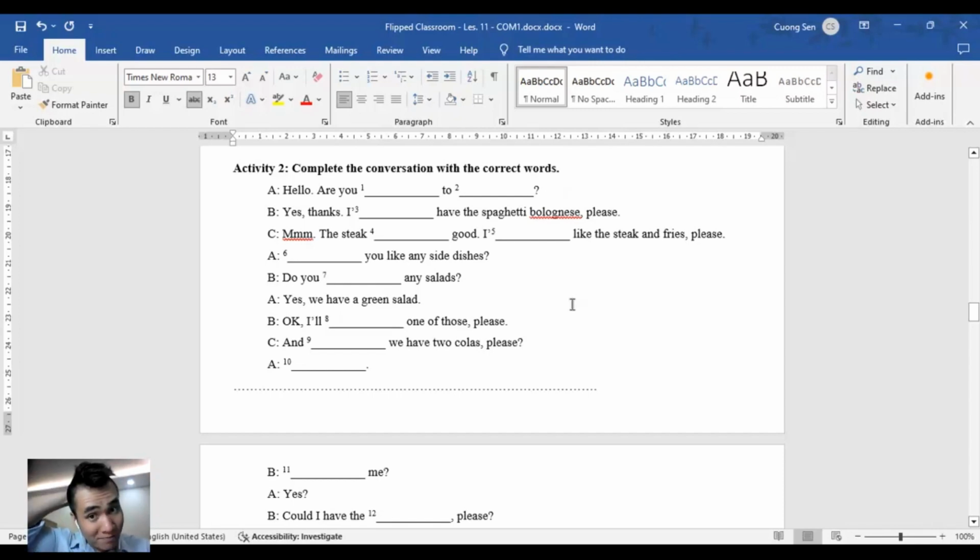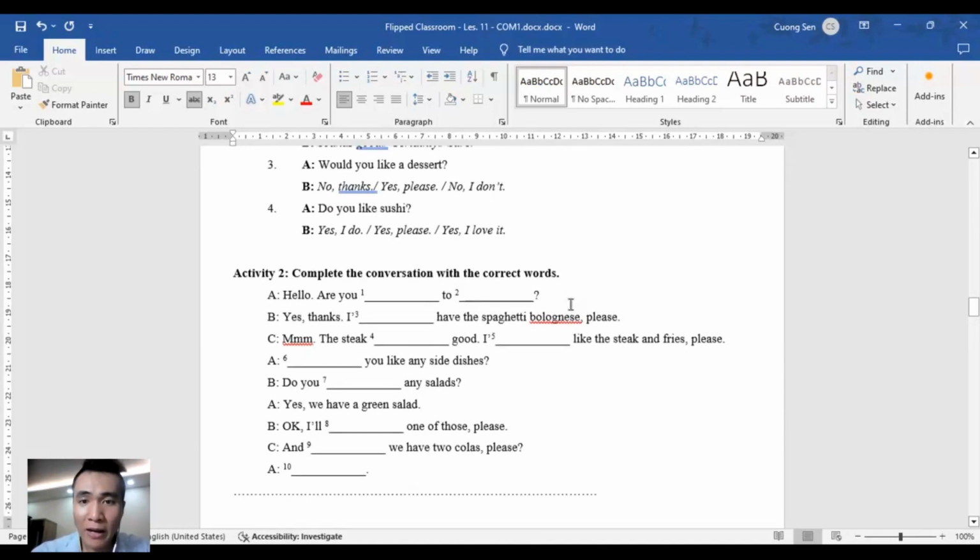In this part, you're going to refer back to our course book on page 76. But I think before you use the course book, try to do it first.